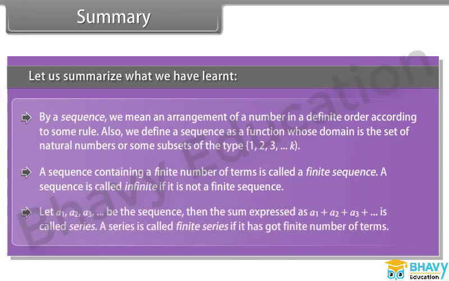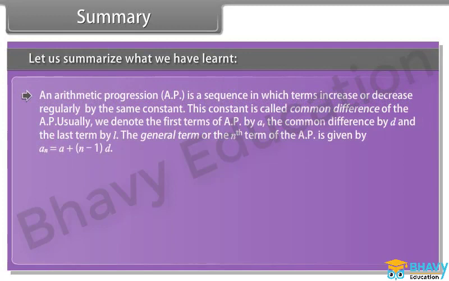Let A1, A2, A3 and so on be a sequence, then the sum expressed as A1 plus A2 plus A3 and so on is called a series. A series is called a finite series if it has a finite number of terms. An arithmetic progression, AP, is a sequence in which terms increase or decrease regularly by the same constant. This constant is called the common difference of the AP.